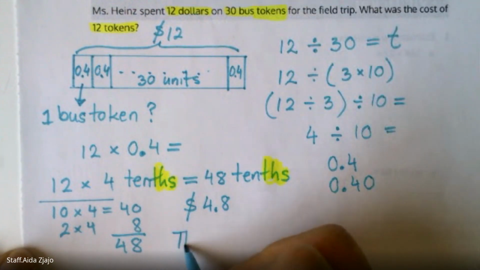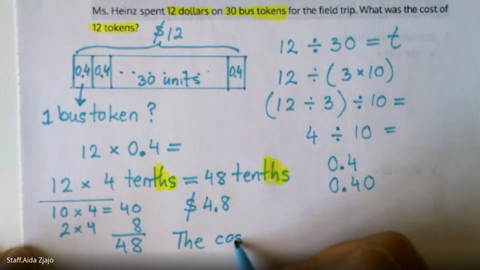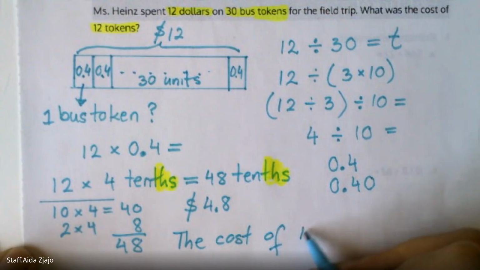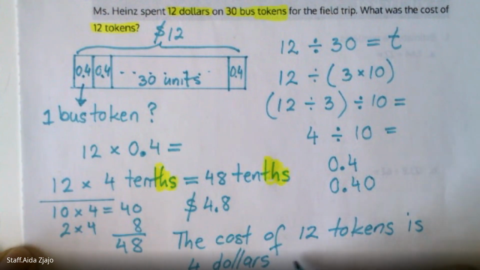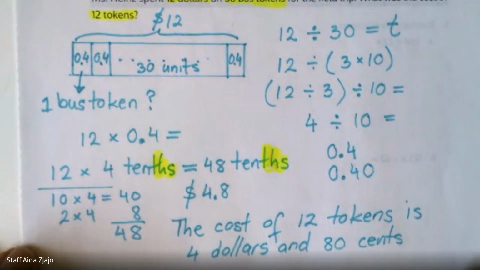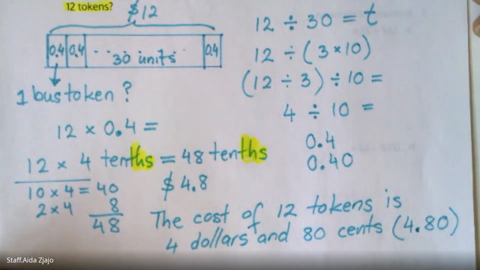So the cost of 12 tokens is $4 and 80 cents, because 4.8 is the same as 4.80. So that means the same.